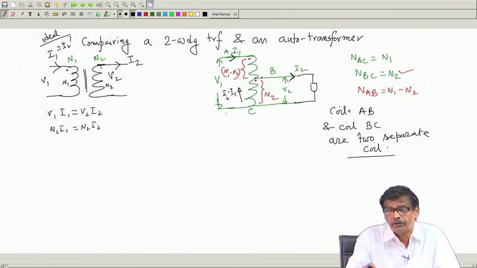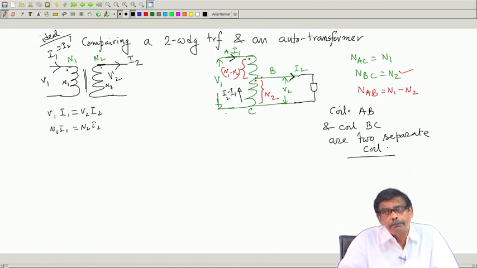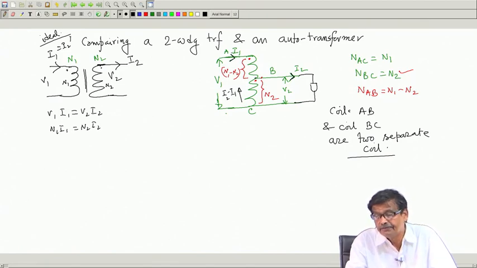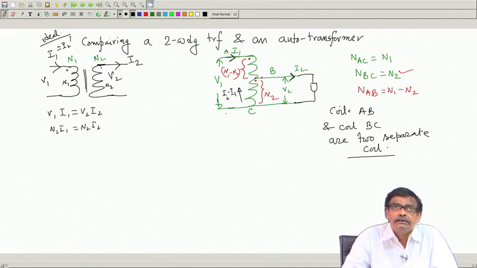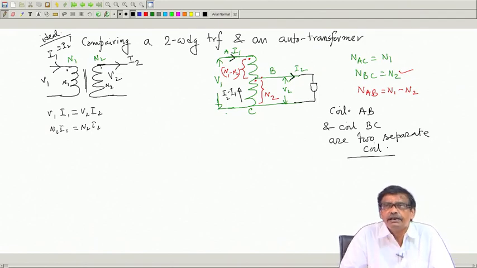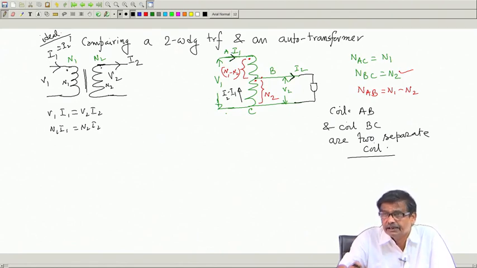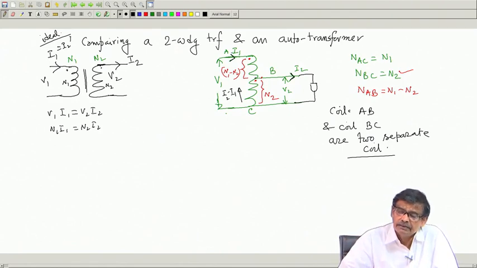In this transformer also, the moment you have applied a certain voltage V1 at a certain frequency f across the turns N1, then the flux level gets fixed in the core. KVL is to be satisfied here, the same arguments.